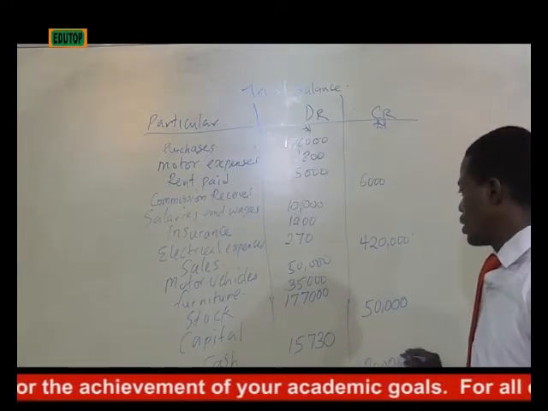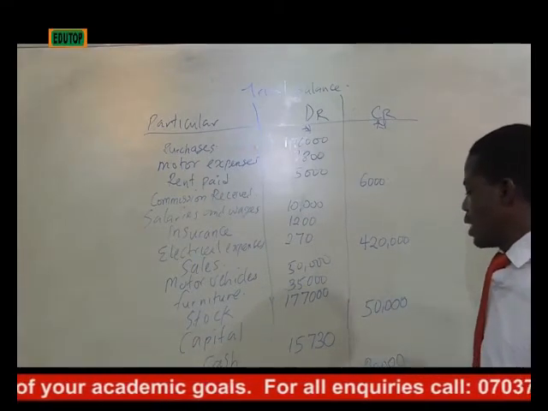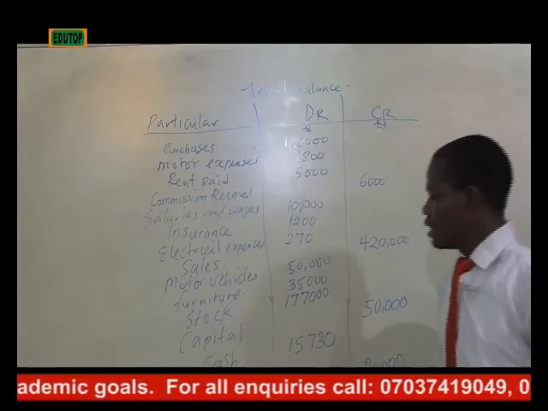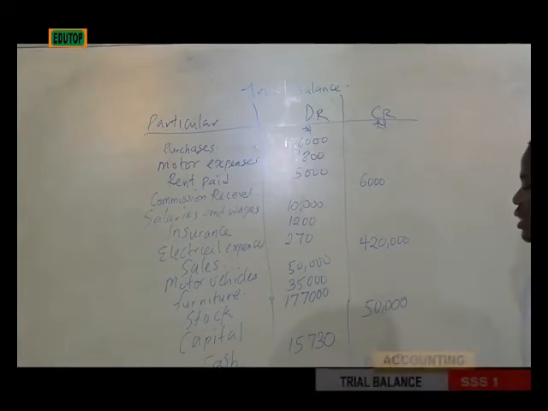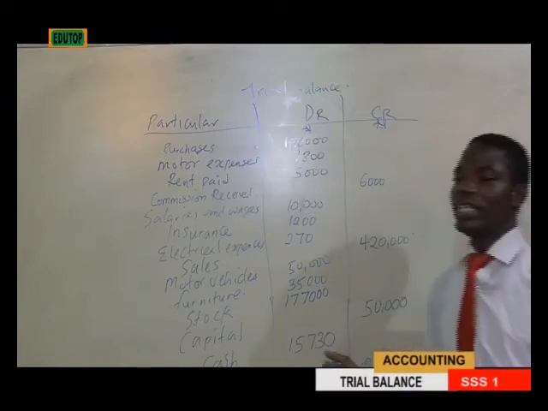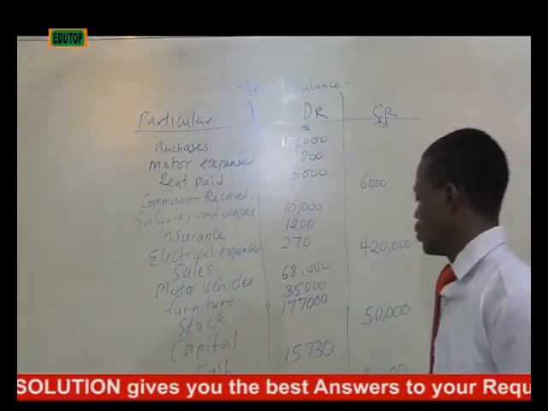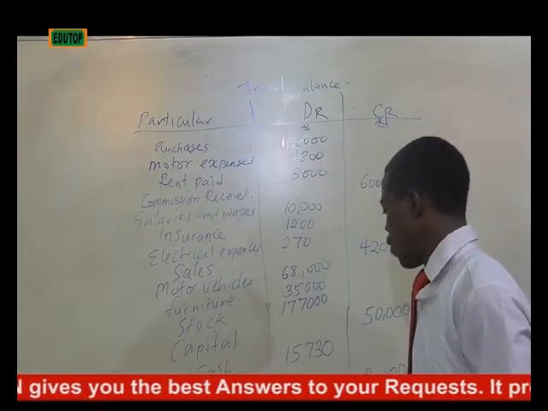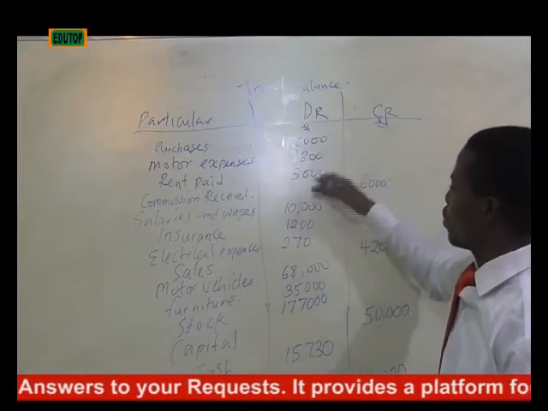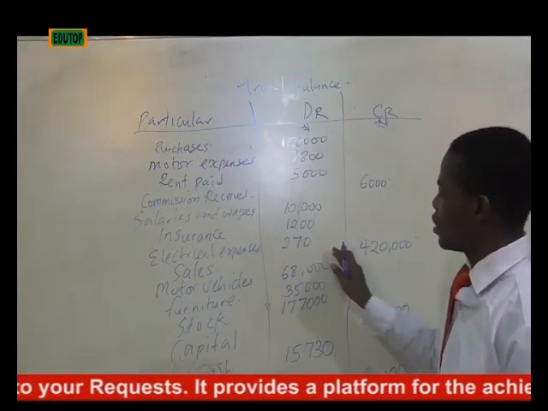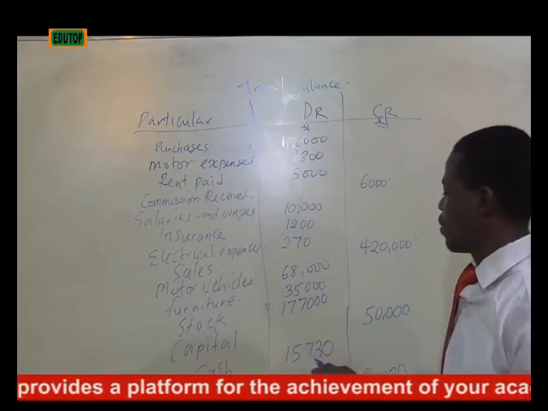That is 20,000 naira. You see that at the end of the day, you now total the trial balance. The figure of this must correlate with the figure of this. And if they do not correlate, that means there is a mistake in your posting. After you add all this, you'll be given 496,170.